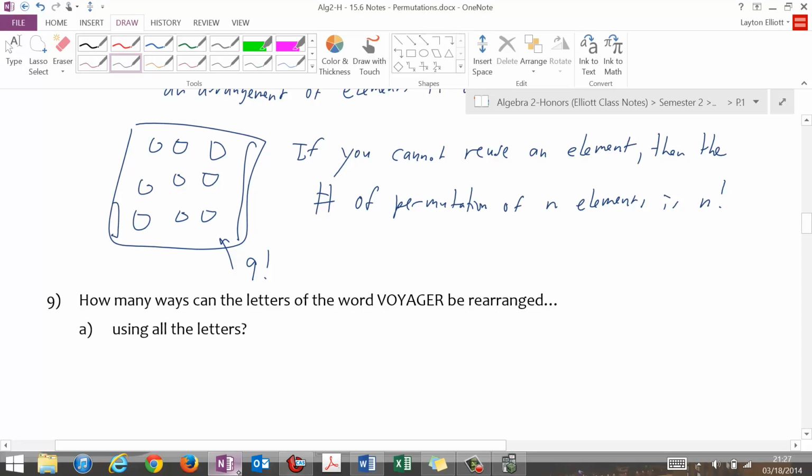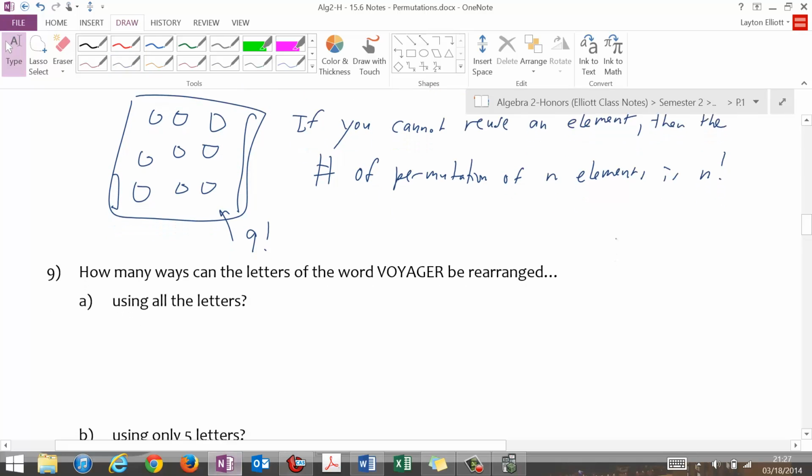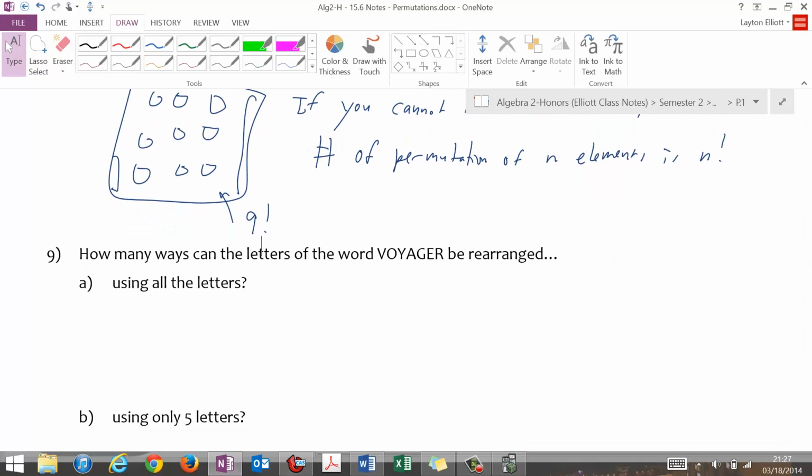And that's just 25 kids, one class, and all the different ways that they can be seated. So, if we take a common word like Voyager, yes, I'm a Star Trek fan, so I'm going to pick that one, and talk about the number of different words or nonsensical words. And I like that word, nonsensical. It just means doesn't make sense. How many nonsensical words can we make with this word using all the letters?